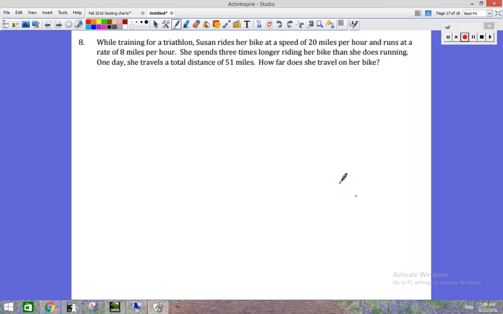So we're wanting a distance, and it's giving us a total distance. We've seen on several of the problems that the total is the sum of the parts. So this total distance is split up between the distance that she rides her bike plus the distance that she runs.